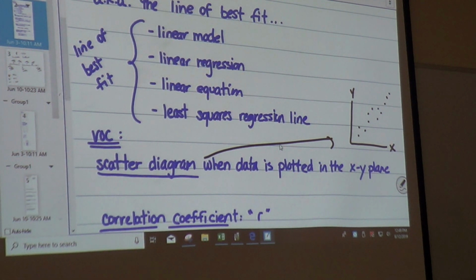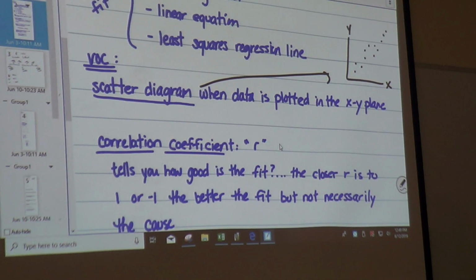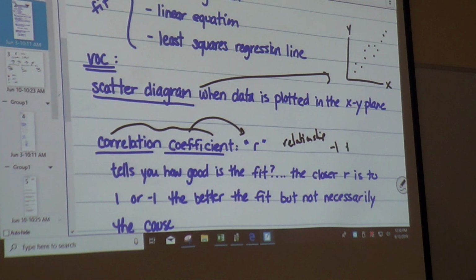The next word that we're going to talk about is the correlation coefficient. The correlation coefficient is a fancy name for the R value. The R value is going to tell us about the relationship. That relationship goes from -1 to +1. I'm going to talk about the R value a little bit later, but it's going to tell us how linear it is.